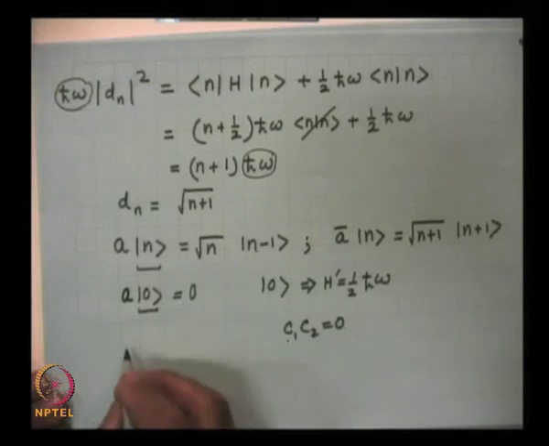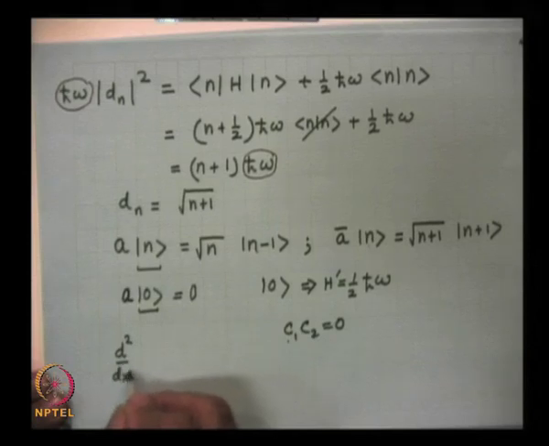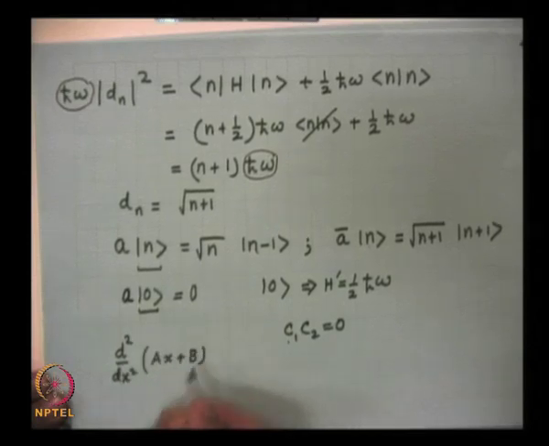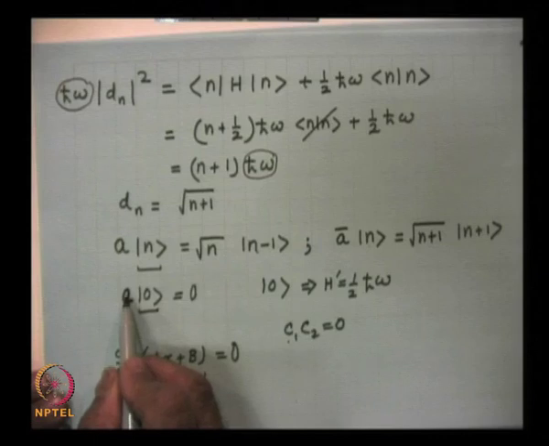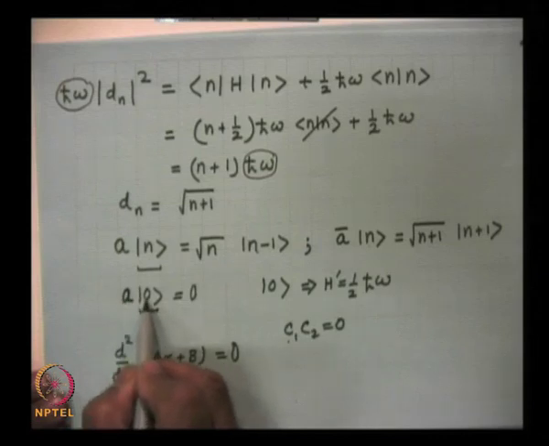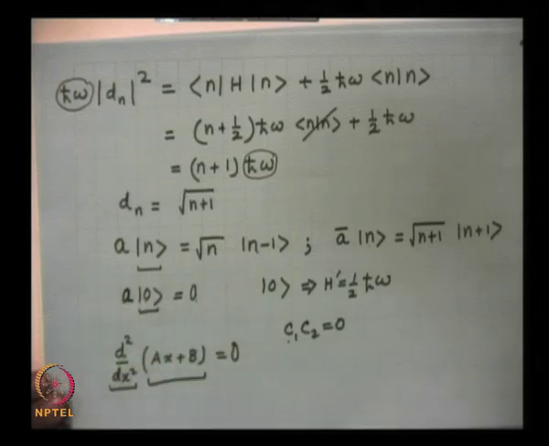It is something like this: if you differentiate d2 by dx square of ax plus b, this is a non-null operator, this is a non-null function, but if you differentiate these two, this is always 0. So, here A ket 0 is a null ket, which says that you cannot have an eigenvalue less than half h cross omega.